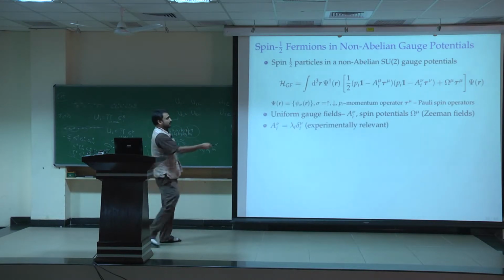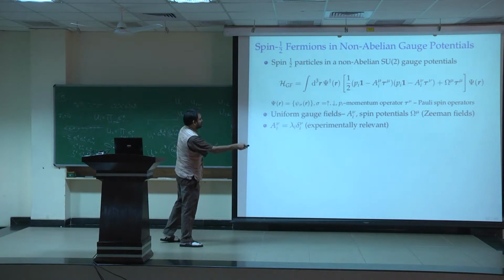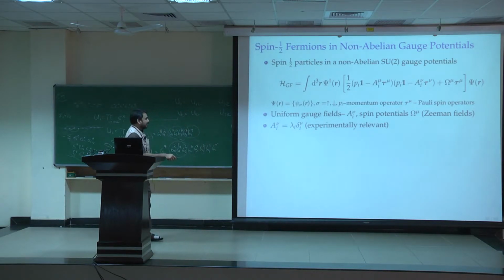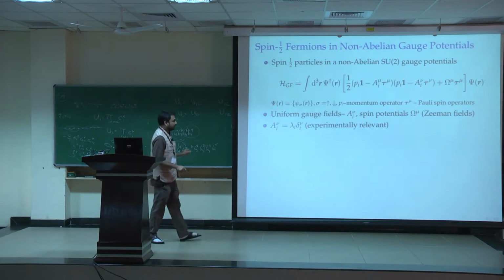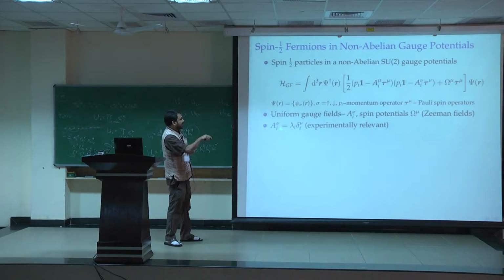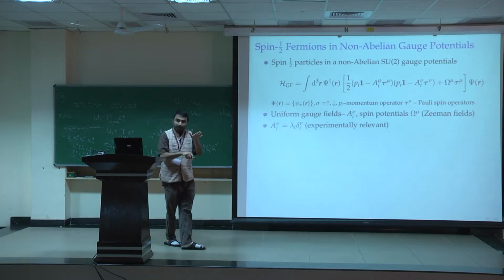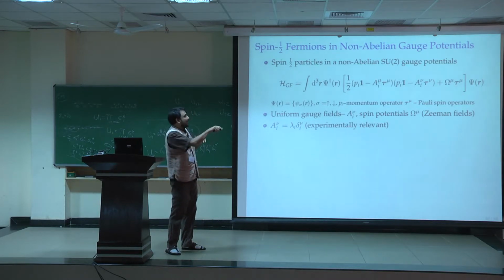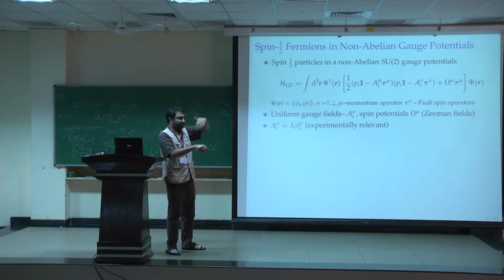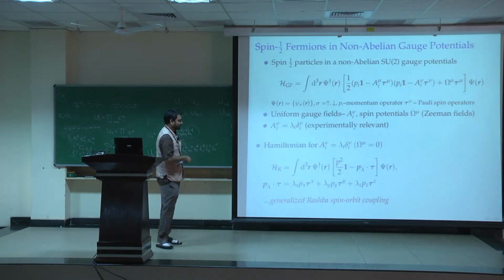Okay, so you also get the Zeeman fields, which I will set aside for now, and just to be close to what is done in experiments, I'm going to choose these gauge potentials to have this kind of diagonal form. What that means is that the gauge potential in the x direction has only an x component in spin space, the y direction has a y component in spin space, and the z direction has a z component in spin space.